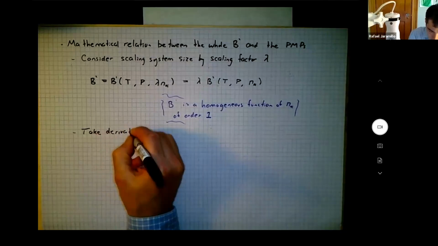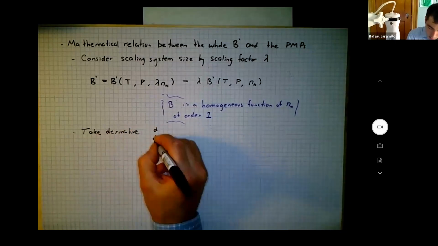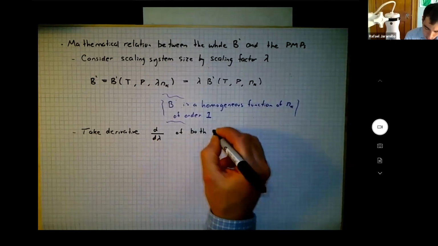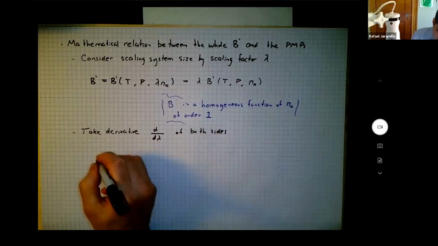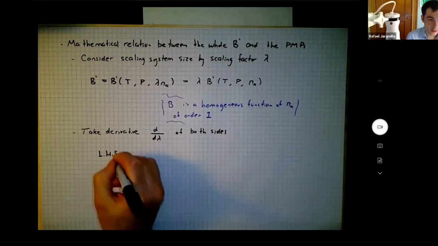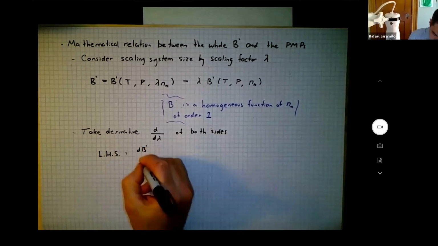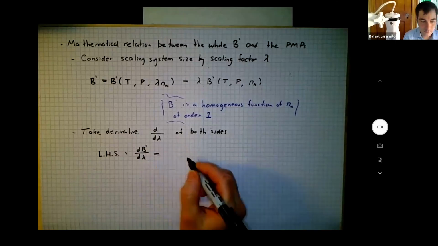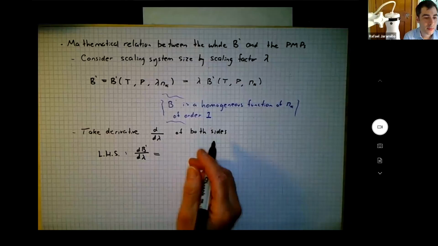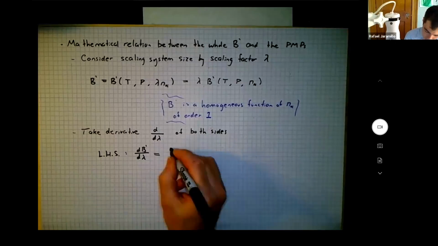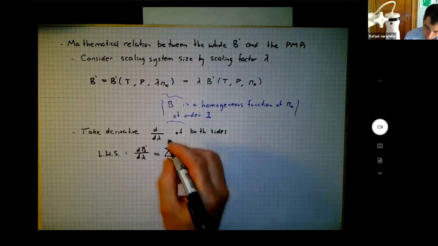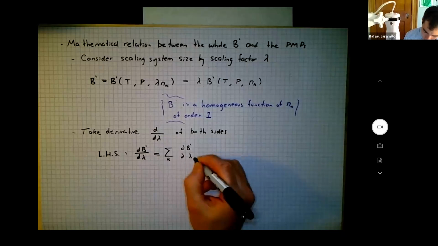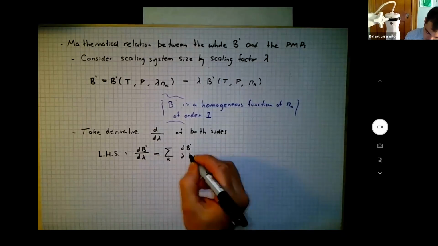the total derivative, d lambda, of both sides. So let's see, the left-hand side is going to give us d lambda equals db d lambda n_k, just using the chain rule here.